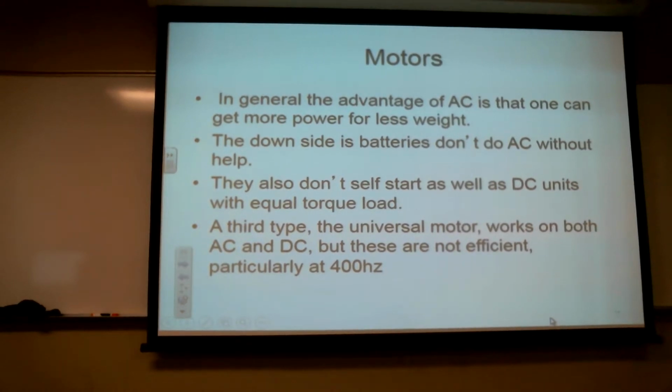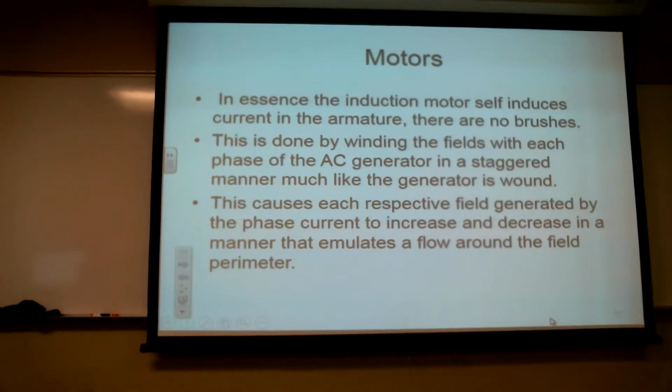They do make universal motors that are both AC and DC. You don't see too many of them. They're like a starter generator, not very effective or efficient, so I don't talk too much about it.